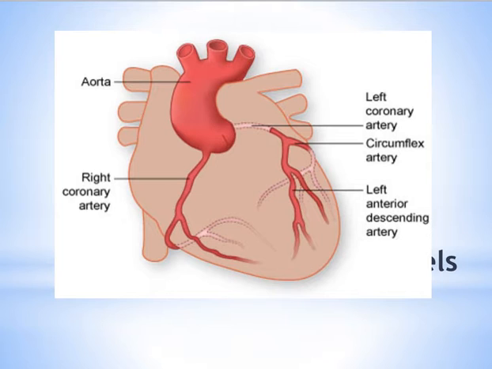And the big thing I want to show you with this picture is that the higher up the occlusion is, the larger the blood flow blockage is. So it's going to have a larger effect over a surface area. So the higher up the damage, the more severe the damage is, because it supplies more blood to the heart.